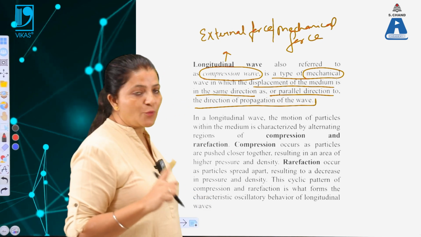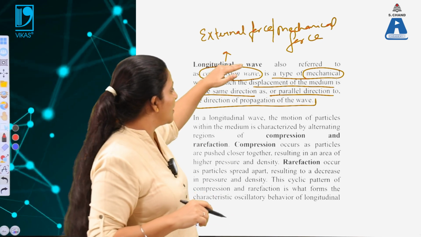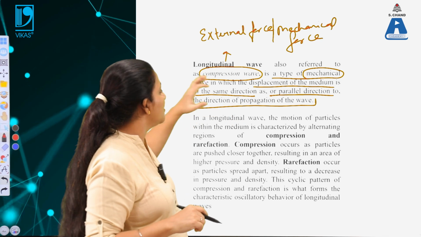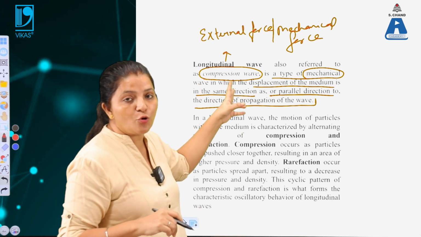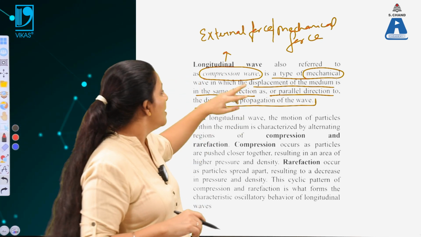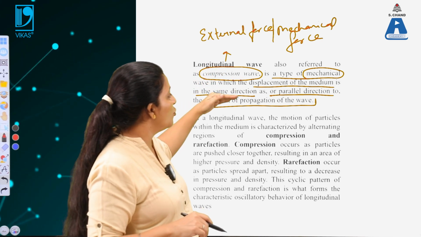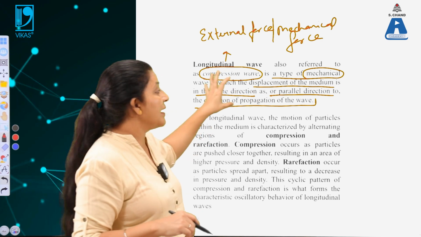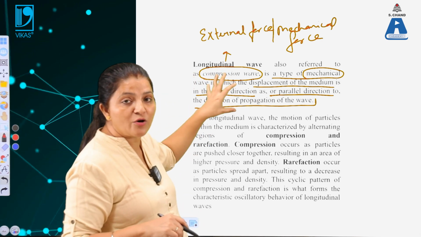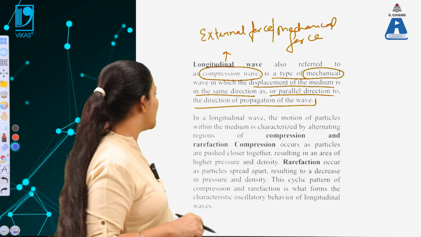This is the important point here. In the longitudinal wave, the direction of propagation and the displacement are both in the same direction. That means the phase, given by the angle between the direction of propagation and the displacement, will be 0 because both are in the same direction.